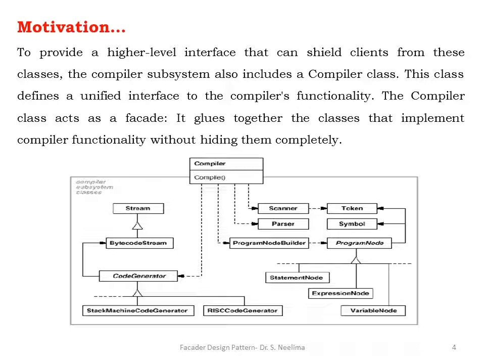It glues together the classes that implement compiler functionality without hiding them completely. So here the compiler facade makes life easier for most programmers without hiding the lower level functionality from the few that need it.